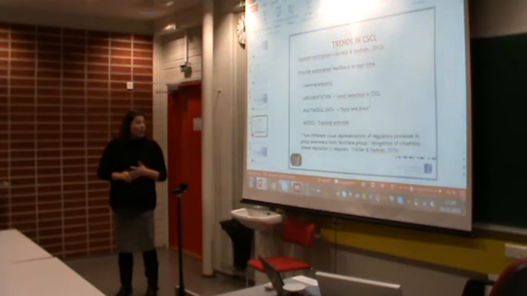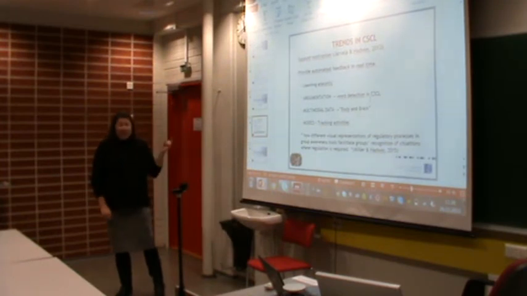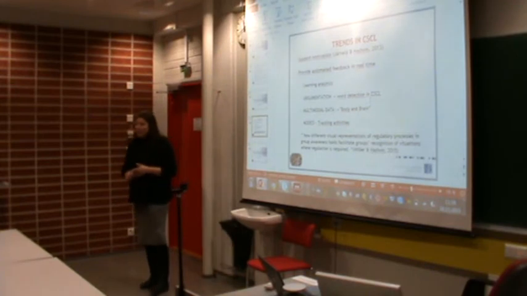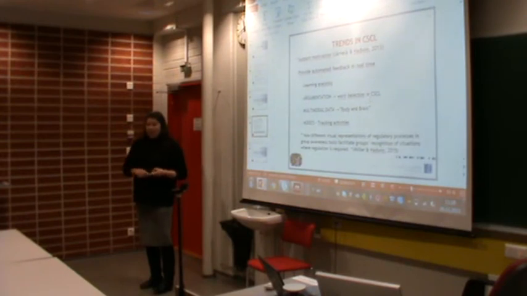I have this one paper here, the Miller and Hadwin paper, which was not an empirical paper, but rather a conceptual paper. One reason is that we know that self and socially shared regulation of learning are important in terms of learning achievement.